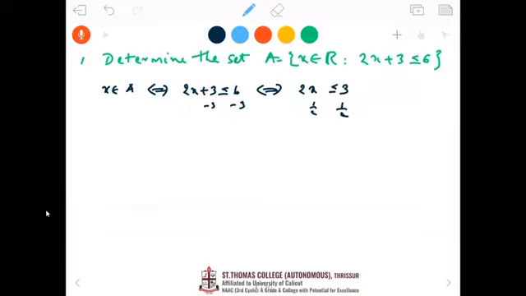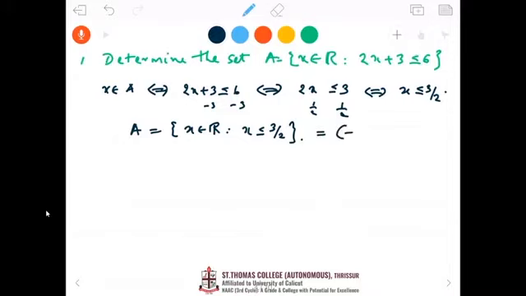So this implies and implied by x less than or equal to 3 by 2. Okay, so what to say? I can say that A is equal to the set of all x element of R where x is less than or equal to 3 by 2. This is our A. Or actually this is the interval minus infinity to 3 by 2. 3 by 2 is in the set.